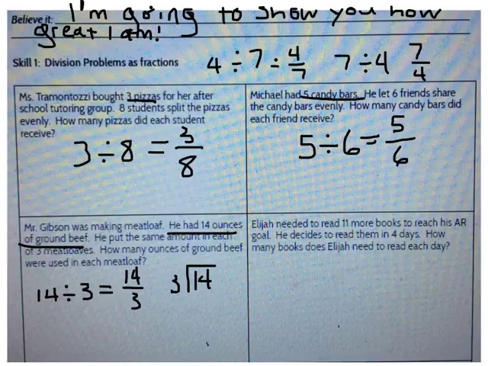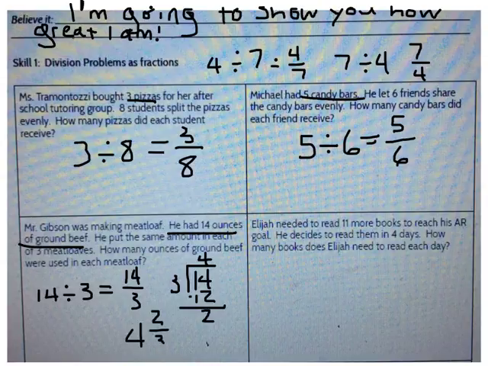How many times does 3 go into 14? 3 goes into 14 4 times. What's 3 times 4? It's 12. What's 14 minus 12? It's 2. So what's my mixed number? It's 4 and 2/3.